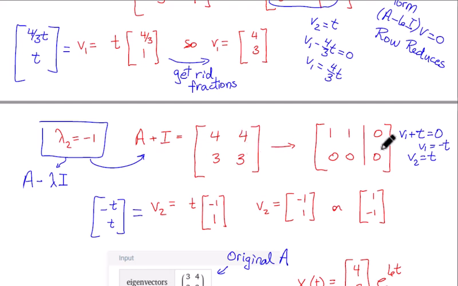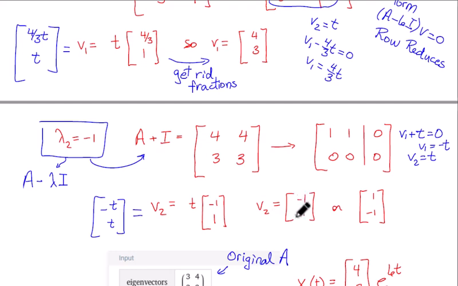We row reduce. Got a whole row here of zeros, so V2 is T. Now that says here V1 plus T equals 0, so V1 is minus T. So minus T and T, factor out the T, and I get that V2 is -1 and 1.